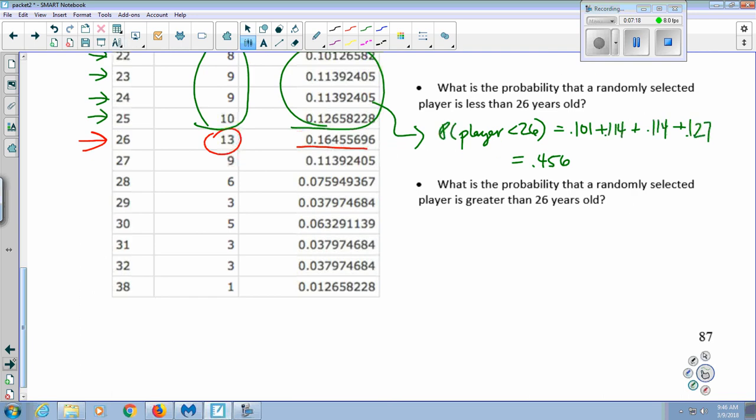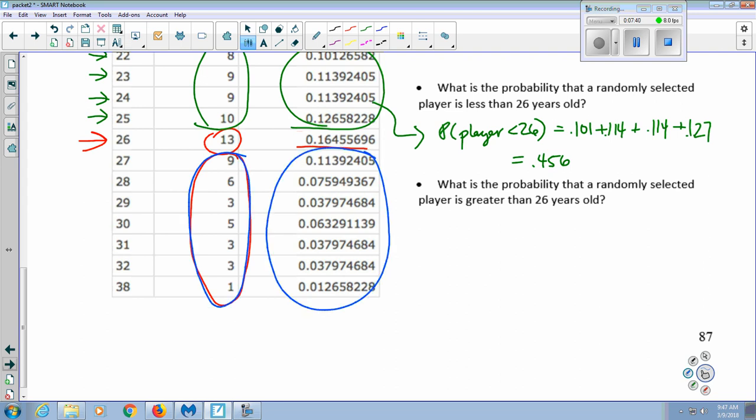What is the probability that a randomly selected player is greater than 26 years old? Again, we'd have to sum up. We could sum up some counts here and divide by the total number, 79, or we could sum up our relative frequencies here, 27 all the way up to 38 we'd be talking about.